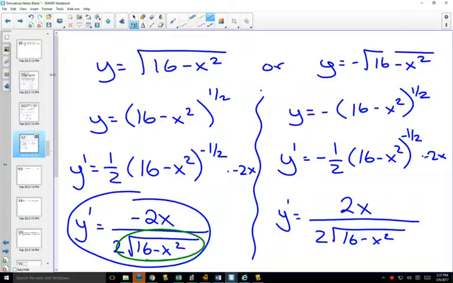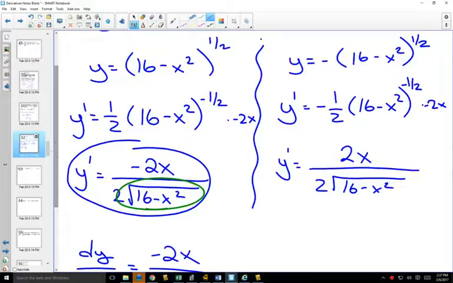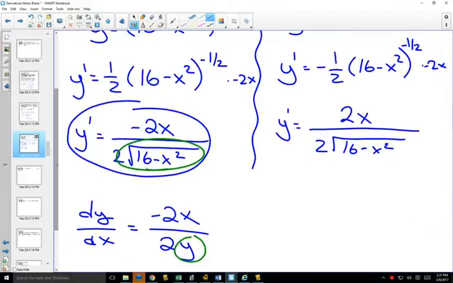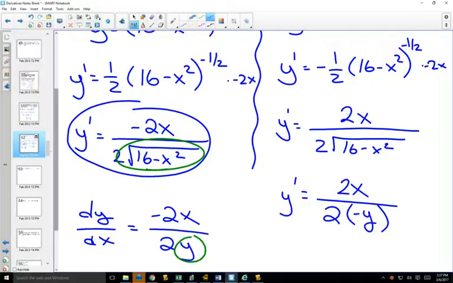Does this match up? Do I have negative 2x over 2y? Well, here I have 2x. Here I have 2. Is this y? No, it's missing the negative. So there would be a negative there in order to match it up.